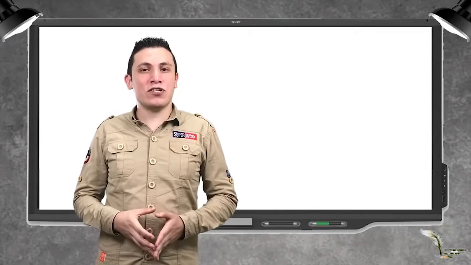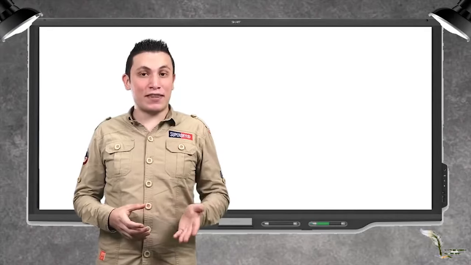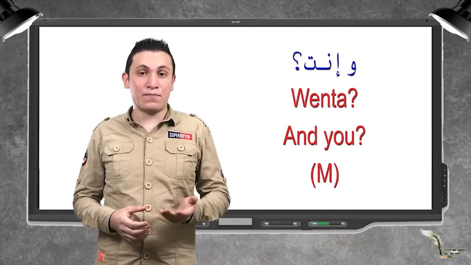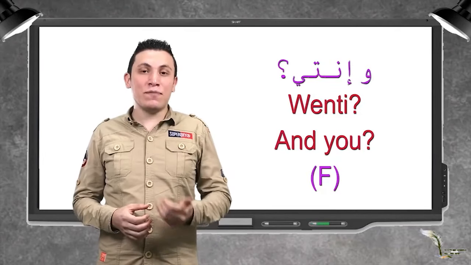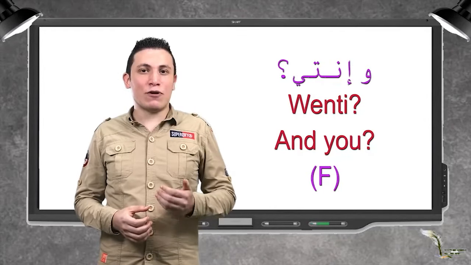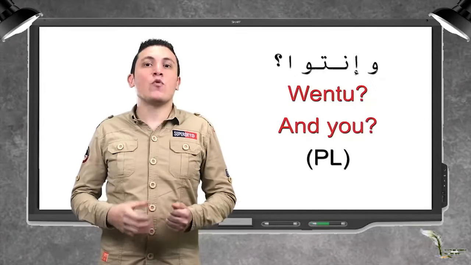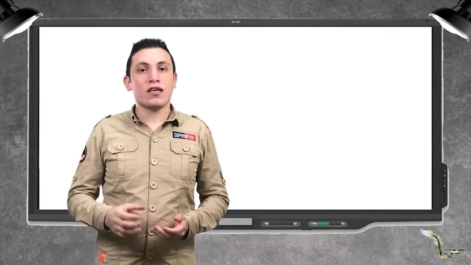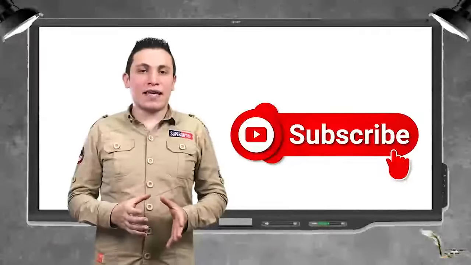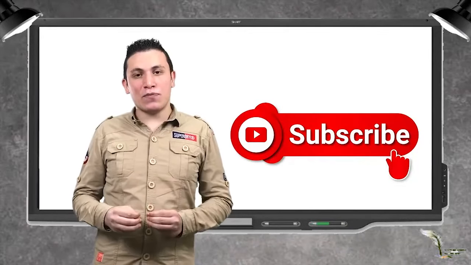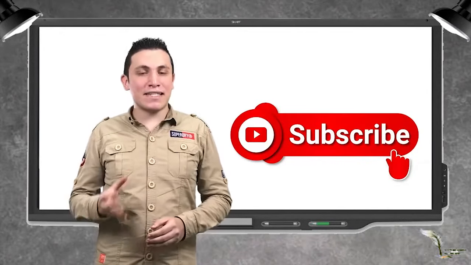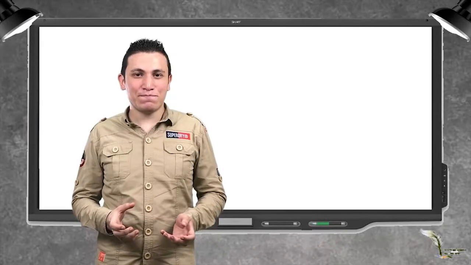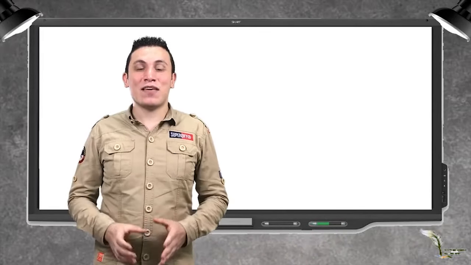And you in Egyptian Arabic is وانت to a male, وانتي to a female, وانتو plural. They all mean the same thing, and you, but in Egyptian Arabic we differentiate between masculine, feminine and plural forms. Okay, so let's practice them all together.